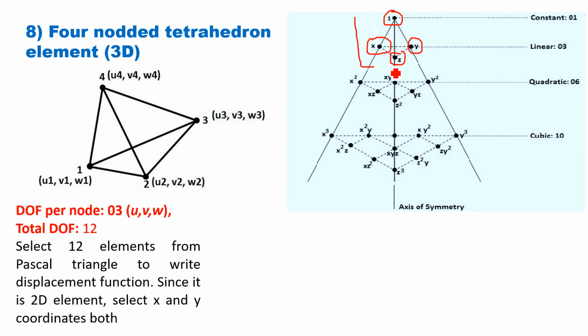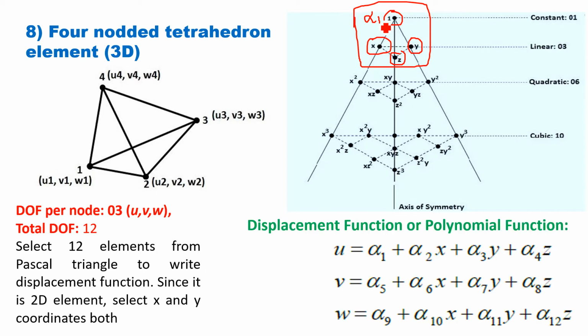So the first 4 elements represent the displacements. Now these 4 elements will be multiplied by generalized coordinates alpha 1 to alpha 4. So displacement u is equal to alpha 1 into 1 plus alpha 2x plus alpha 3y plus alpha 4z.